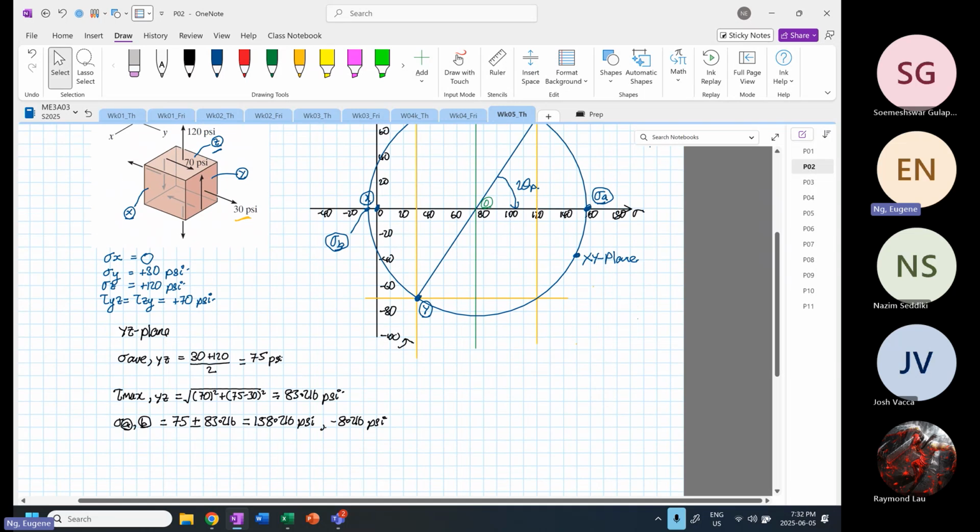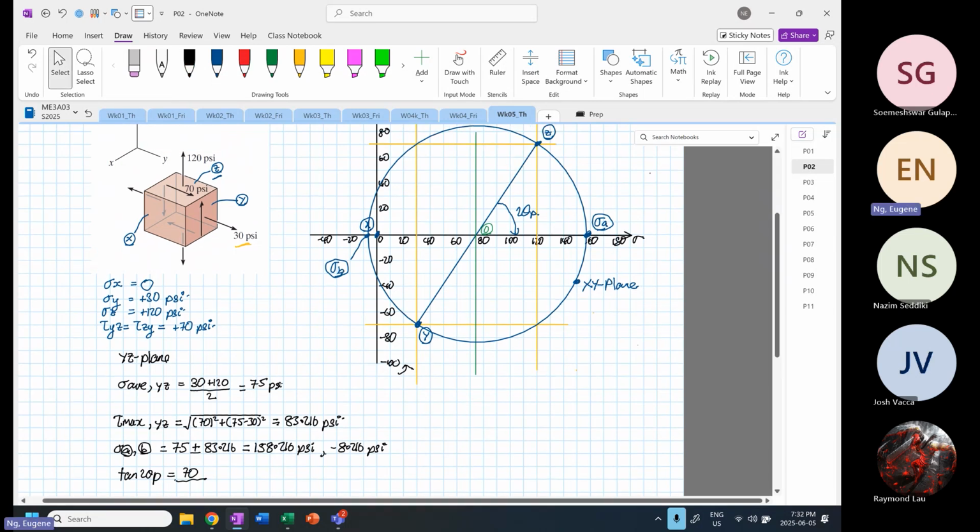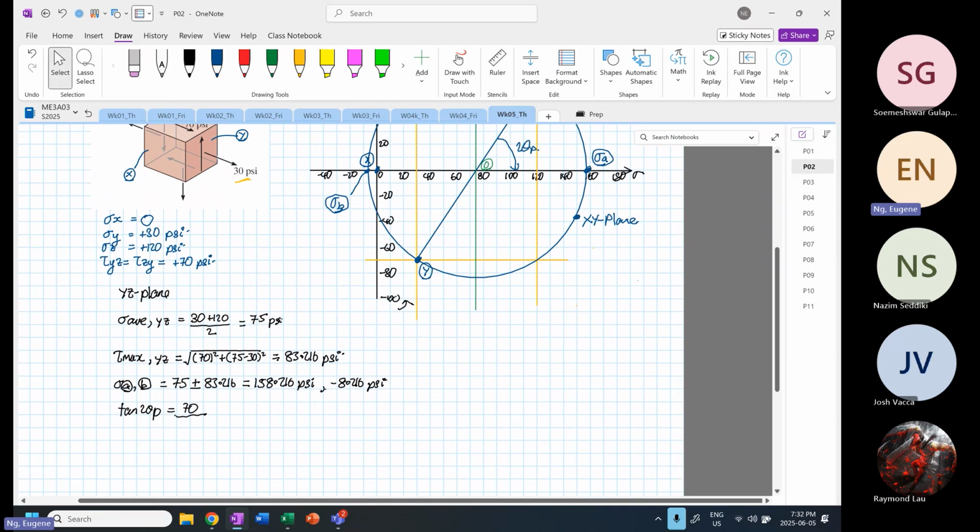So now we are going to calculate our tangent of 2 theta p, which is equal to 75. And then 75. Oh, no, not 75. I beg your pardon. Which is equal to 70, and we're going to divide by 75 minus 30, which is 45.